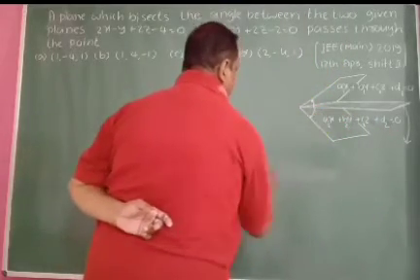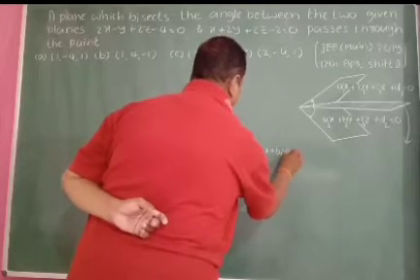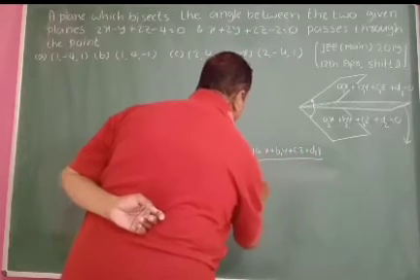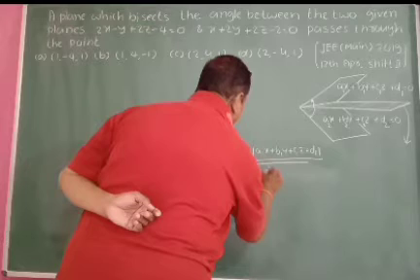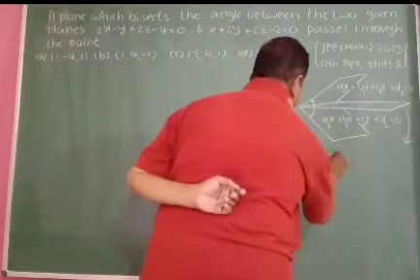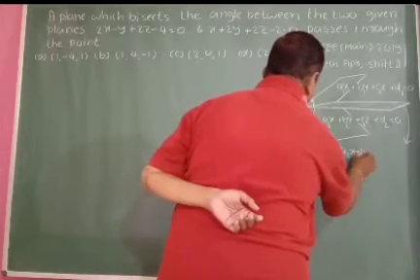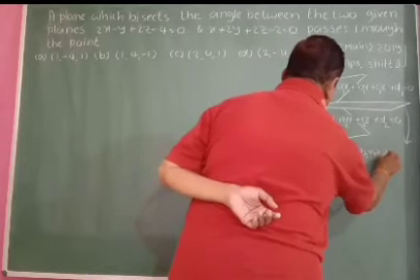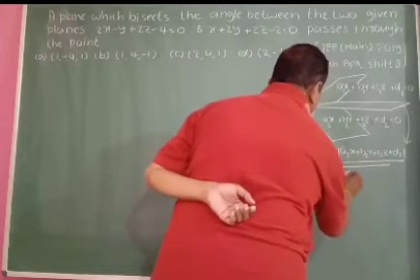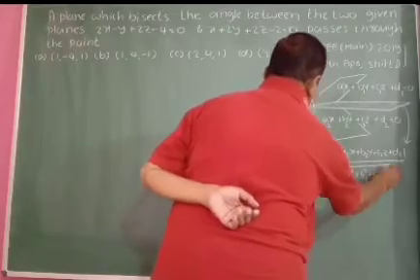Then the equation of the bisector plane is given by modulus of a1x plus b1y plus c1z plus d1 divided by root of a1 square plus b1 square plus c1 square, equal to plus or minus modulus of a2x plus b2y plus c2z plus d2 divided by root of a2 square plus b2 square plus c2 square.